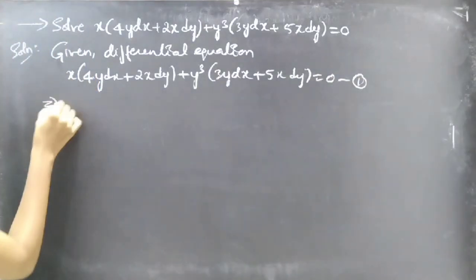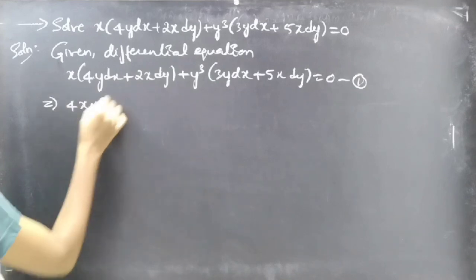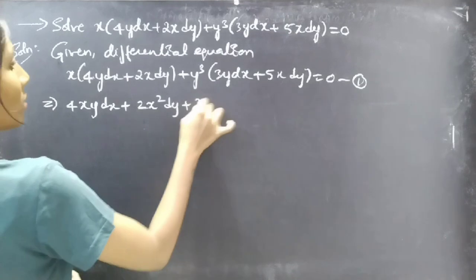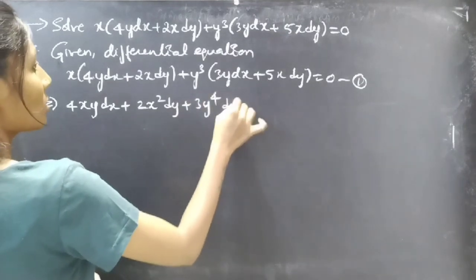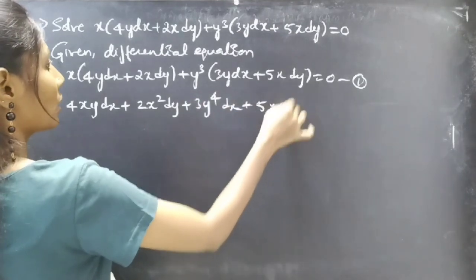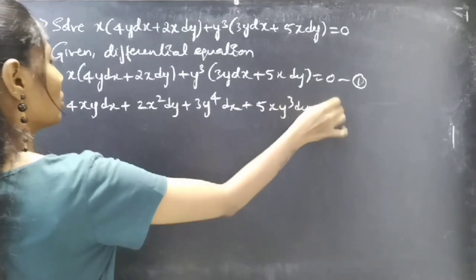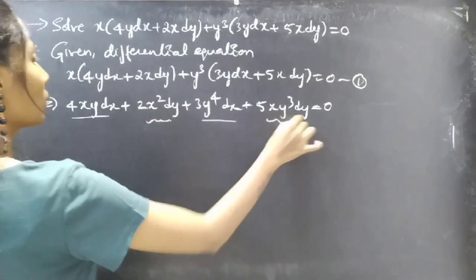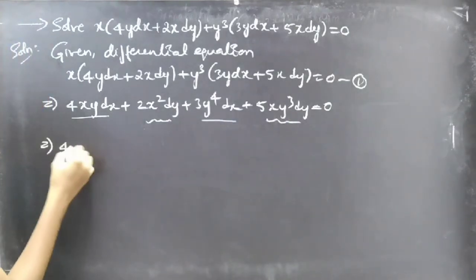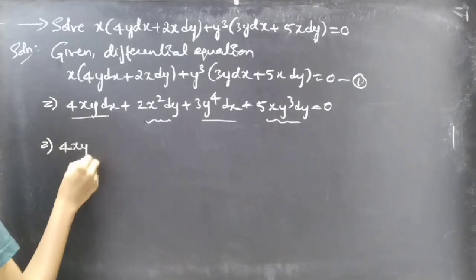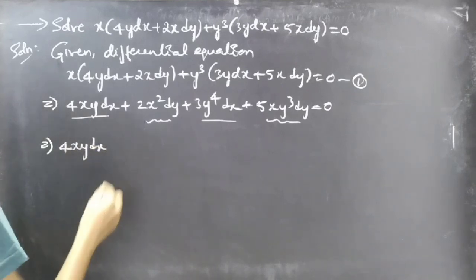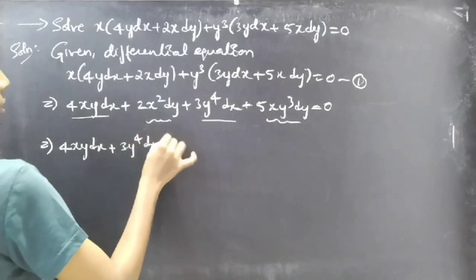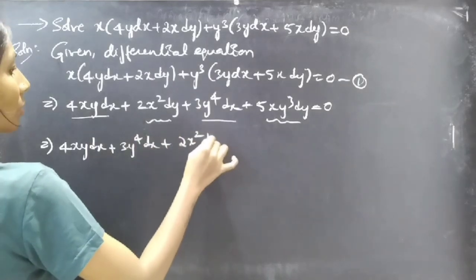Also, we can write this equation as 4xy dx plus 2x squared dy plus 3y power 4 dx plus 5xy cube dy equal to 0. Now write the terms involving dx firstly and then dy. So I'll begin with dx now. 4xy dx plus 3y power 4 dx plus, now write the terms involving dy.